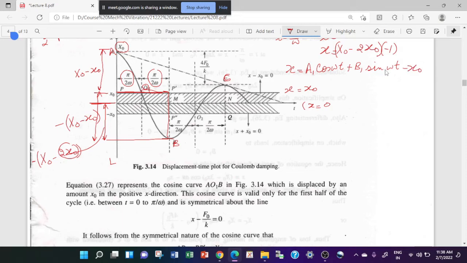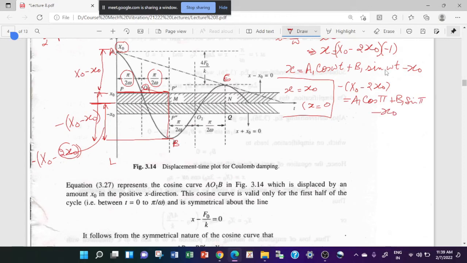So for this one, at t is equal to 0, you are getting x is equal to this value. It means t is equal to pi by omega. So you are having minus x naught minus 2x naught is equal to a1 cos pi, where t is equal to pi by omega, plus b1 sin pi minus x naught.